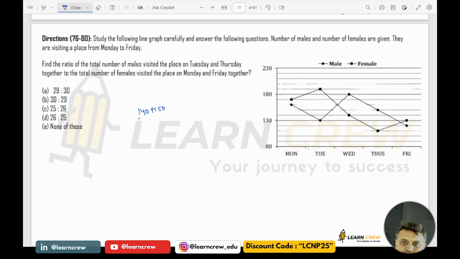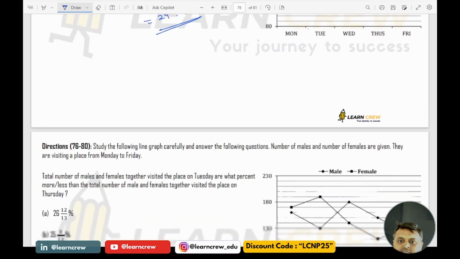And females, how much? 170 and 130. Females visited on Monday, 170, and on Friday it is how much? 130. So 170 plus 130 is 300. So 290 is to 300. So 29 is to 30. 29 is to 30 is the answer.